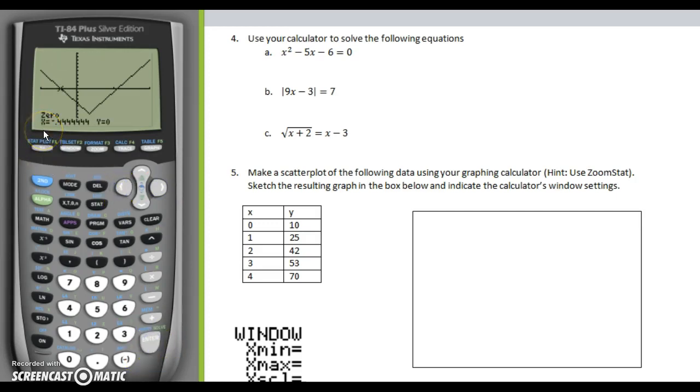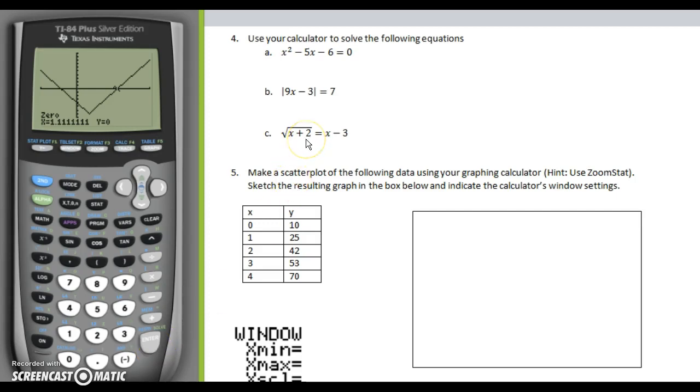So the solution is x equals negative 0.444. Now we'll repeat the process to get the other one. Okay, left bound, enter, right bound, enter, guess, enter. And the other solution is x equals 1.111.